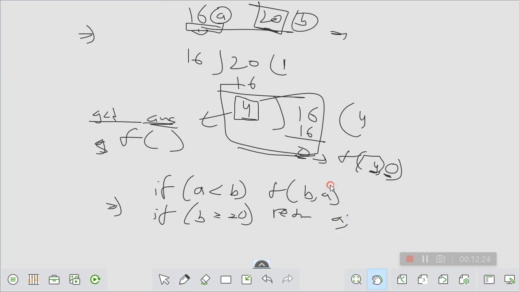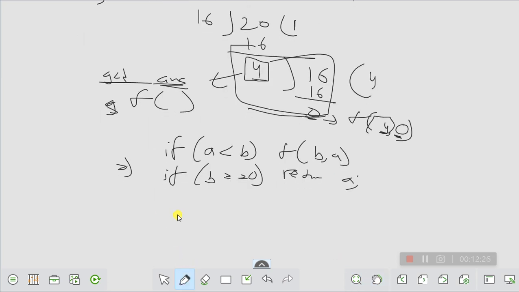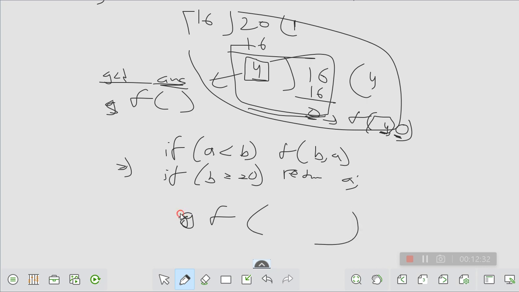Now, as you have seen here, what I'm actually doing is calling my function for, now here you can see that my divisor becomes my dividend, so b will become the dividend, and the first one is always the dividend.